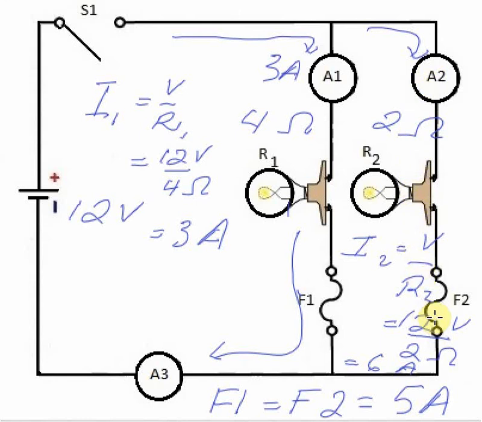Because of the high current above 5 amps, this fuse will become hot, melt, and blow and become an open circuit. So this fuse will blow here. This will become an open circuit. This light bulb will stop lighting up. This one here will continue to turn on.